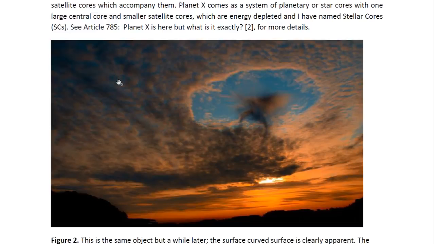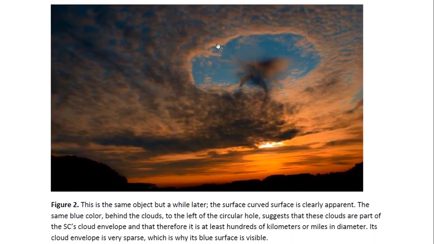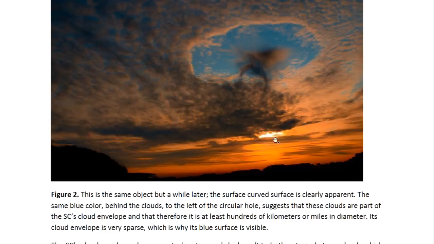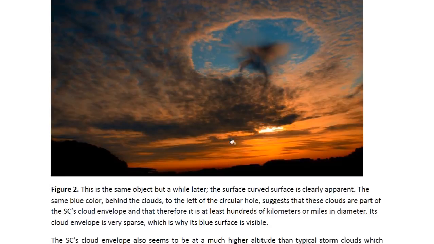That's why we can see part of its surface through it. And the surface seems to be emitting blue light. So it's obviously absorbing light emitted by the sun simulators in the atmosphere, and then it re-emits part of it, this blue part.